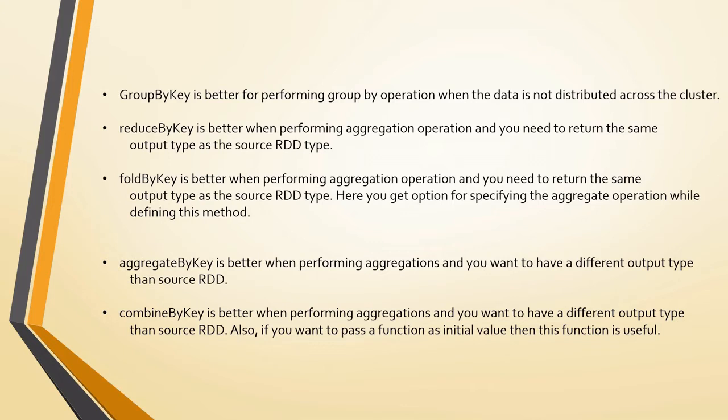No need to think about what kind of initial value I should give, what kind of associative function I have to mention in both the sequence operation and the combiner operation, or what kind of accumulators I need to declare, what is the type of the accumulators, what is the type of the data. No need to think about anything when we are using the reduce by key. But when you are using the remaining ones, you have to think about all those kinds of functions.